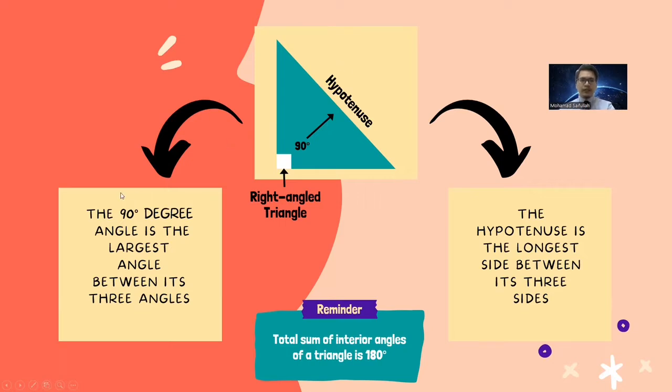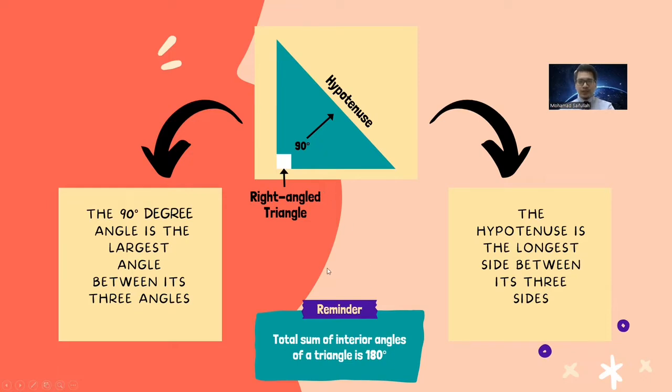Therefore, you can conclude that the 90 degree angle is the largest angle among its 3 angles in a right angle triangle. That is the first thing you need to know. The second is that the hypotenuse is the longest side among its 3 sides. As you can see here, the hypotenuse is the longest side compared to this side and this side.